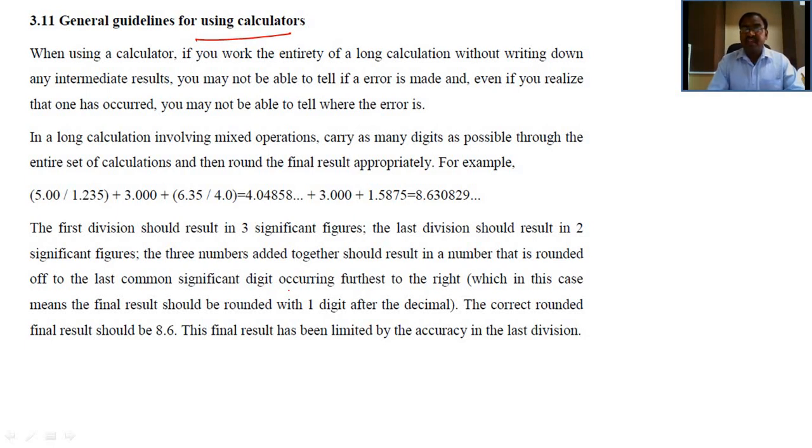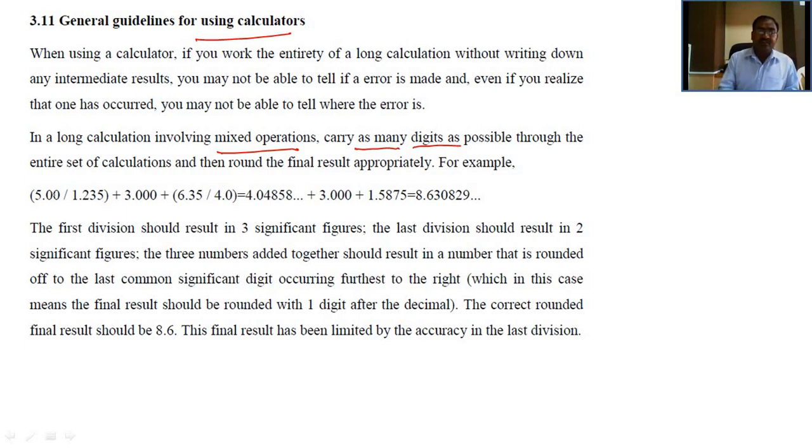You may not be able to tell where the error is. In long calculations involving mixed operations, carry as many digits as possible through the entire set of calculations and then round the final result appropriately.